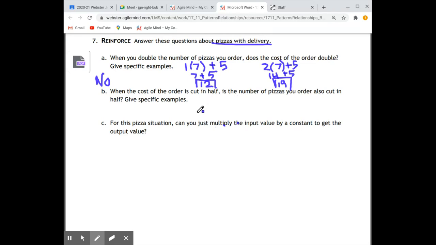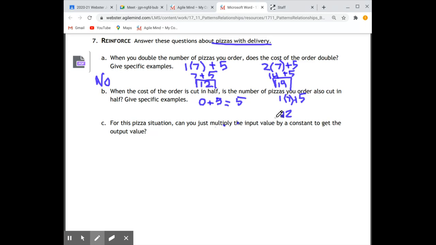Let's just say we take the original one. The first order was 0 pizzas plus $5 equals 5. So if we double this, that would be 1 pizza times 7 plus 5. We did that earlier and said that this equals 12.